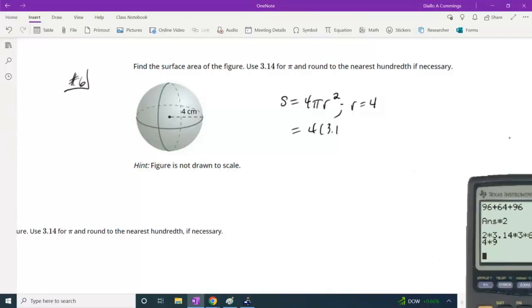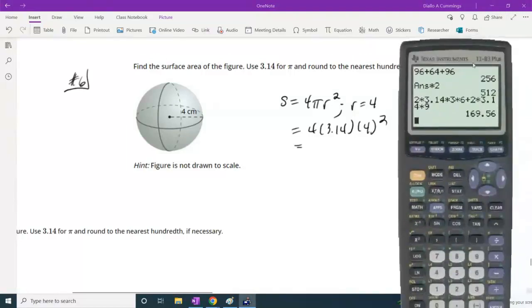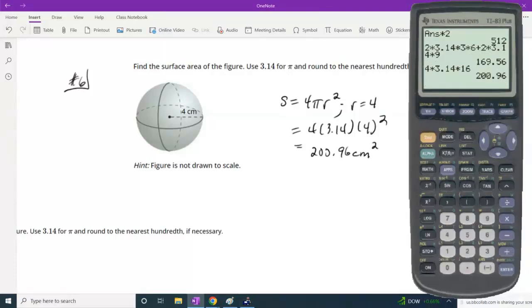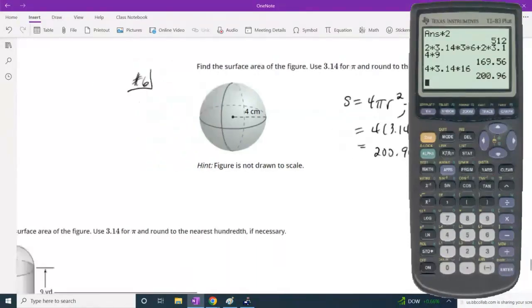So this is equal to 4 times 3.14 times 4 squared, which is 16. And we get 200.96 square centimeters. So just a matter of plugging and chugging into the formula.